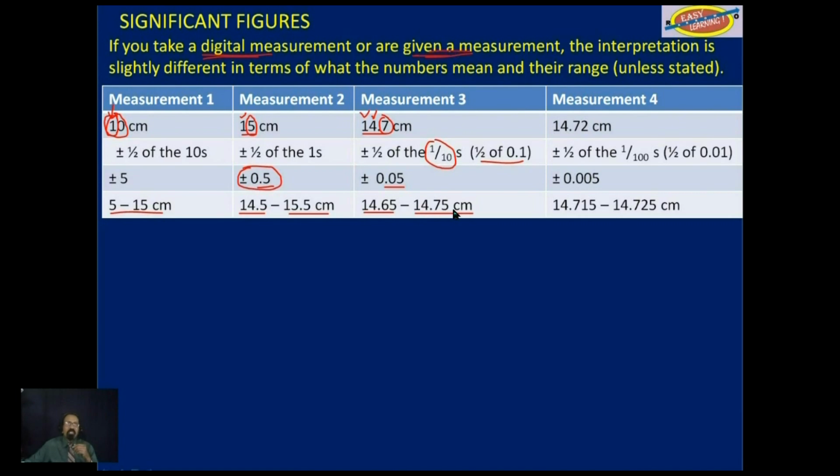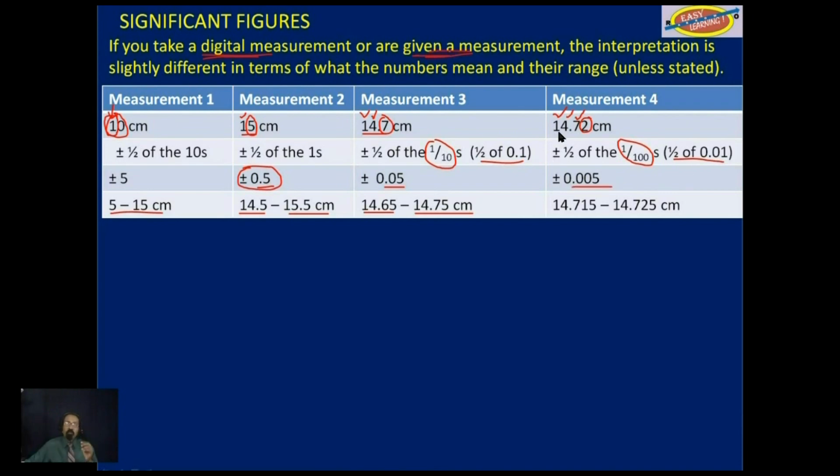And if you say your measurement is 14.72, so now you're sure of the tens position, the ones position, the 1/10 position, you are not sure of the hundredths position. So we will take half of that position, which is half of 0.01, and it's 0.005.